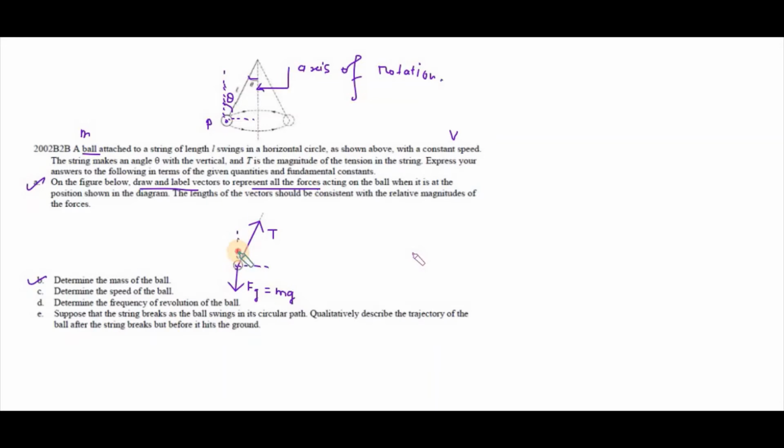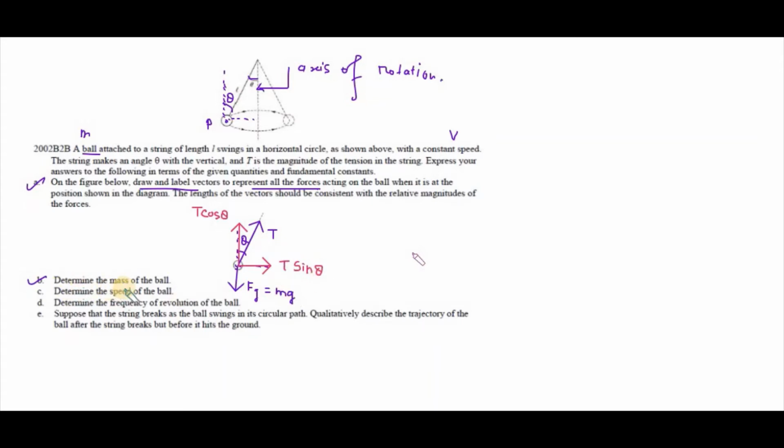Now we can resolve the tension into two components, one along the vertical direction and one along the horizontal direction. The vertical component is T cosine theta, since it makes angle theta with the main vector, and the horizontal component is T sine theta.